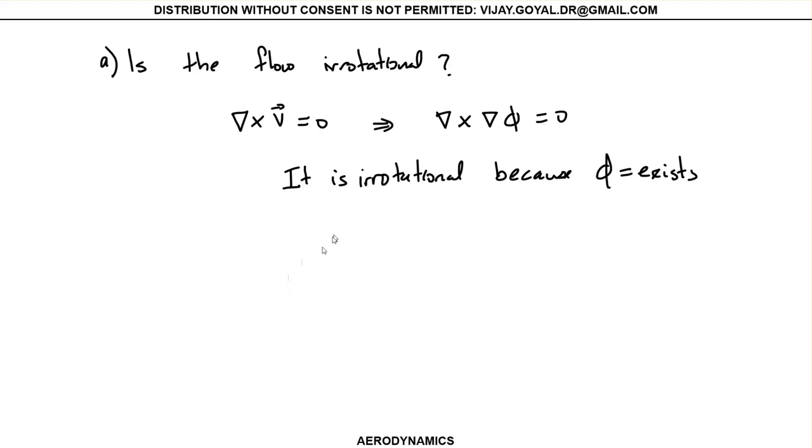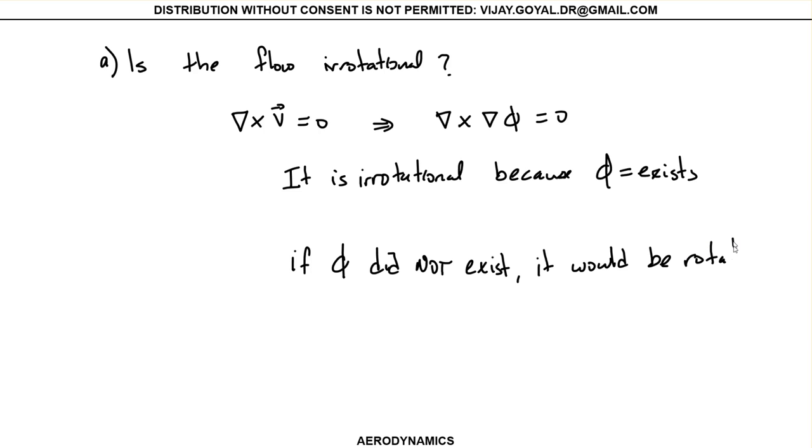Okay, if it was the other way around, if phi did not exist, it would be rotational. Okay? This is to understand the basics of how potential flows work.